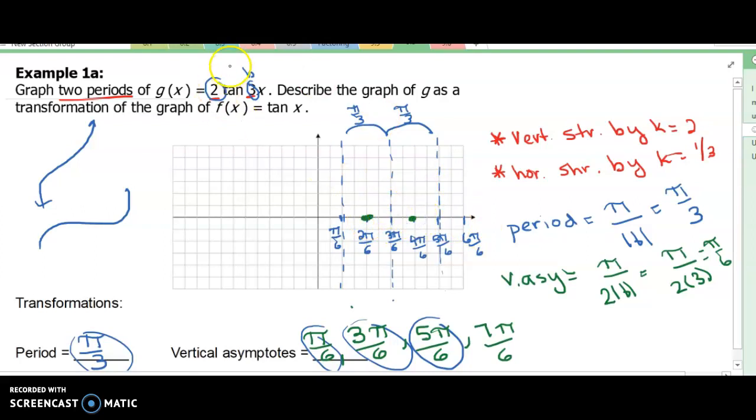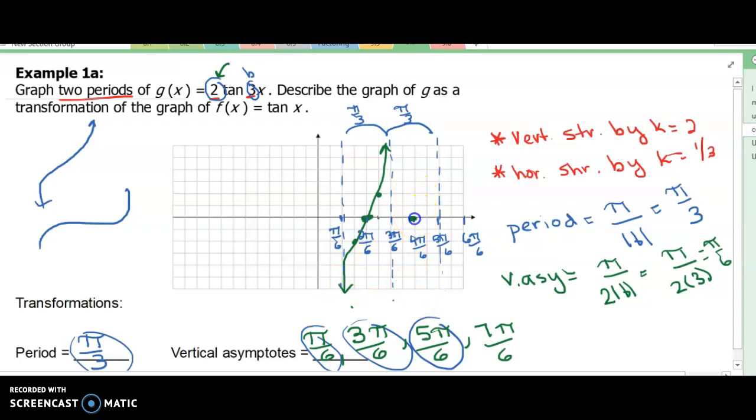An easy way to do this is, if you find halfway between where it crosses and the asymptote, it's at 2, so this would be right here, at 2. Or it'd be down 2, so this would be how steep it is. And same thing over here.